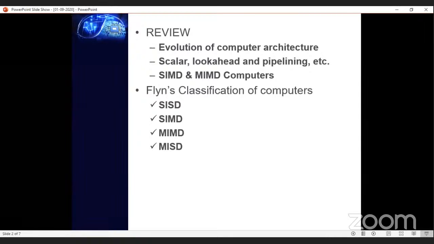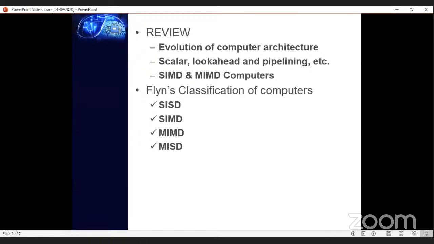So I said the review of the last session, we did evolution of computer architecture. There we have seen the evolution of computers based on the process.